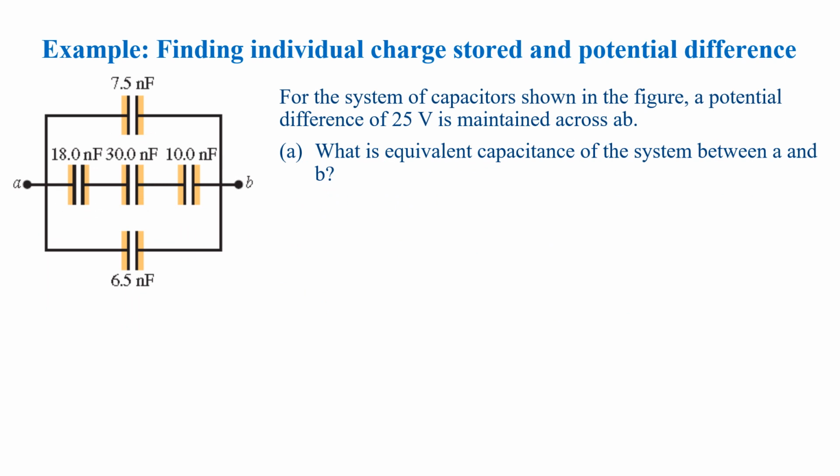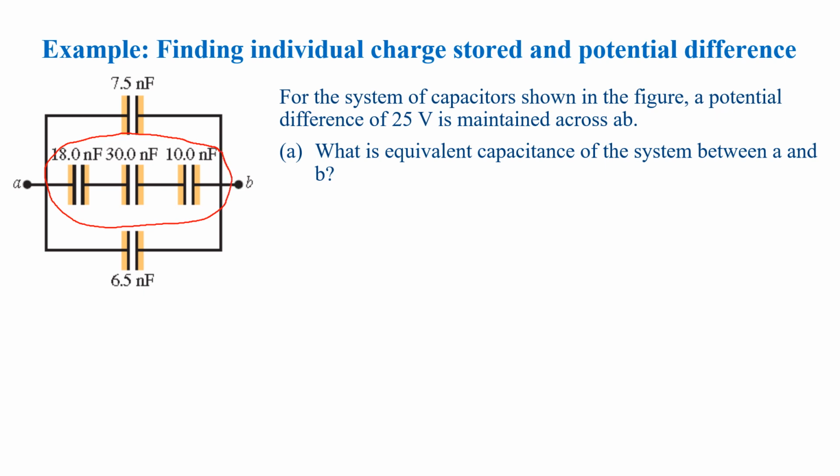So let's solve for the first problem. What is the equivalent capacitance of the system between A and B? So what we are just asked is to find the equivalent capacitance of this 5 capacitor network. And as you can see, the first system that you can actually simplify is these 3 capacitors here, which are in series. So this is the easiest part.